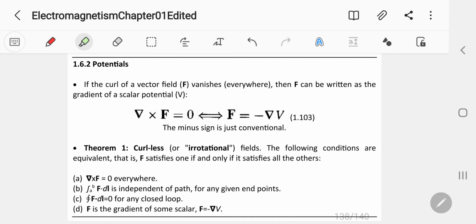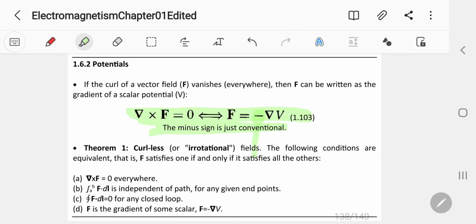So if the curl of a vector F vanishes everywhere, then F can be written as the gradient of a scalar, which we have seen in the previous lecture. But of course here the negative sign is conventional.